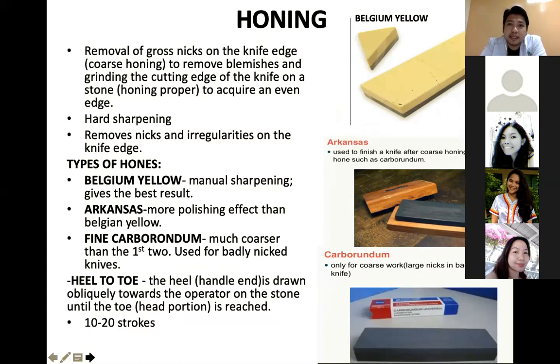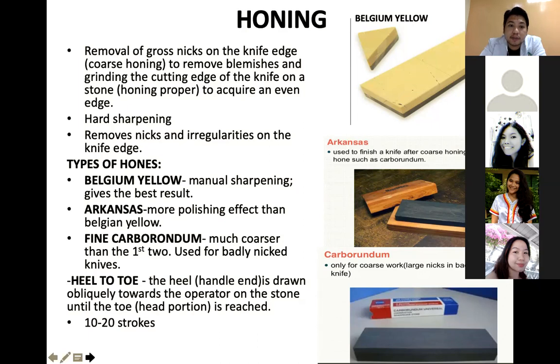So nagiging coarse yung edges. So honing is the removal of gross nicks on the end of the knife edge. So yung coarse honing, to remove blemishes and grinding the cutting edge of the knife on stone to acquire an even edge. So ito yung gagawin mo ulit na matalim yung knife.